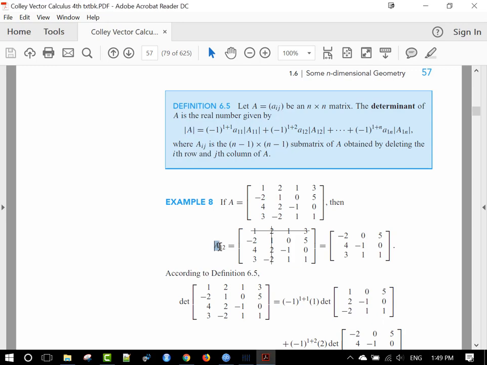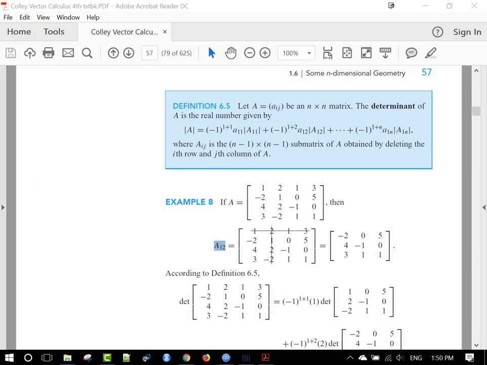So we define something called A12, which is going to be a submatrix of this matrix. So remember, this always tells us the row, and this always tells us the column. So by A12 we mean we're referring to knocking out this row and knocking out this column.